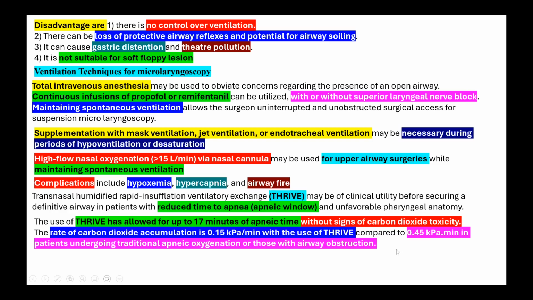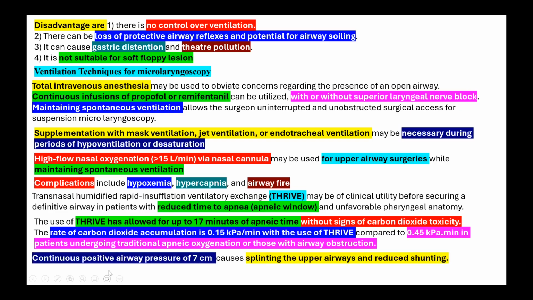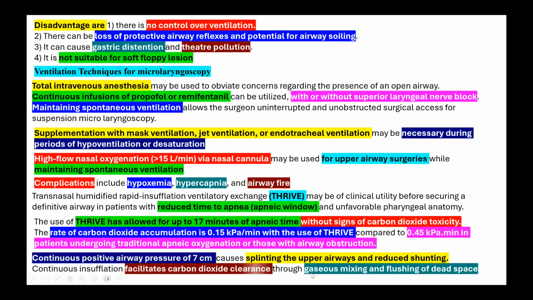So what I told you is 3 millimeters per minute is the accumulation. So 0.45 kilopascal is roughly equal to 3 millimeters of mercury per minute in patients undergoing traditional apneic oxygenation and those with airway obstruction. This will be the hypercarbia that will happen. And you can use continuous positive airway pressure, CPAP of 7 centimeters, which will also help in splinting the upper airway and reduce the shunting or desaturation.